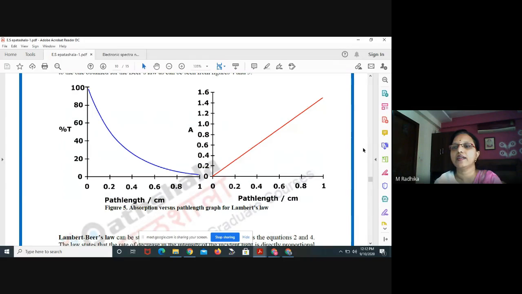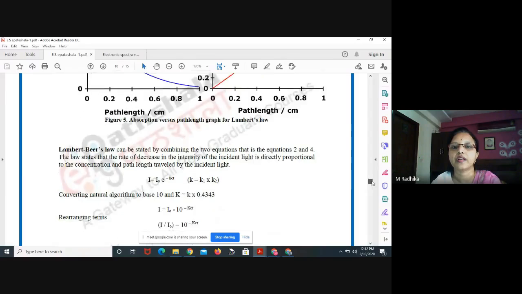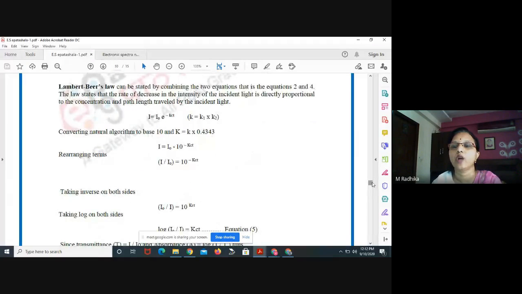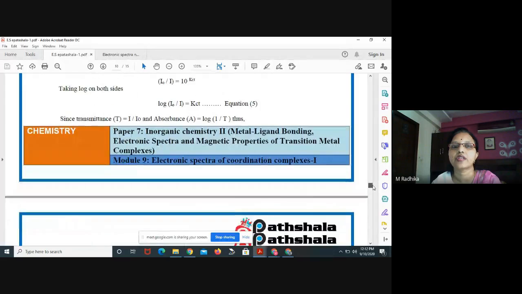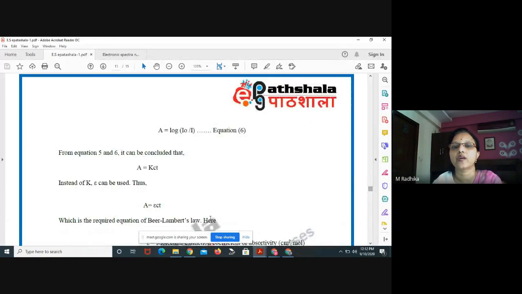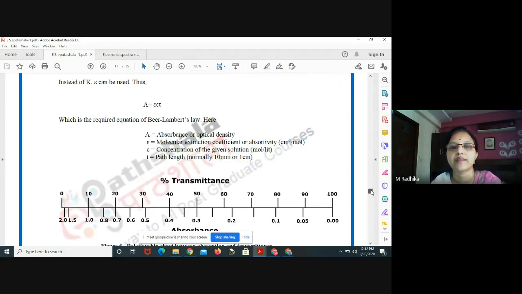Simply I can tell that the absorbance, or the optical density, is directly proportional to the concentration as well as to the path length, that is shown as t here. Since it is directly proportional, we put a proportionality constant, the molar extinction coefficient epsilon.